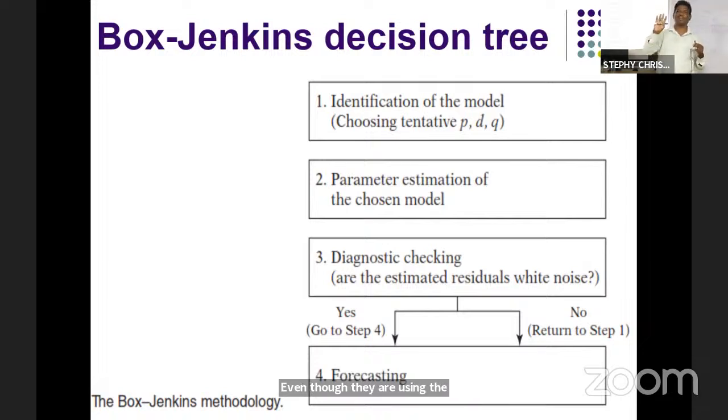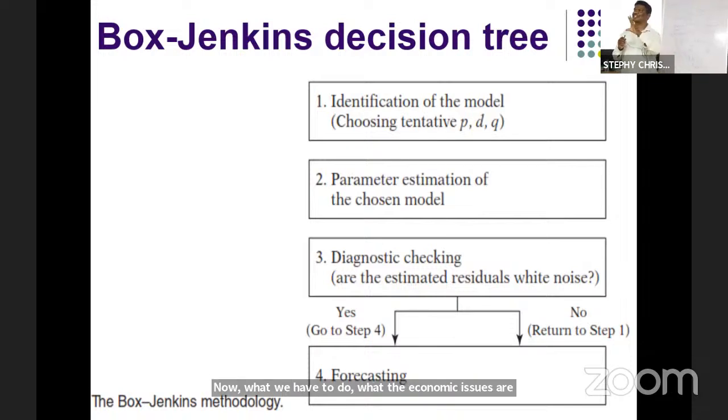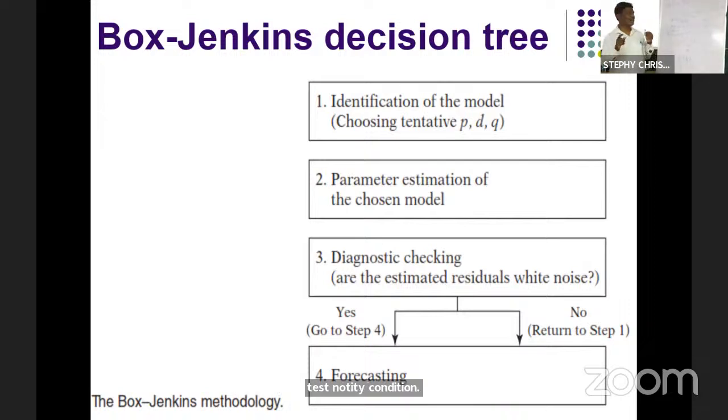But in econometrics, the first step is always to fulfill the stationarity condition. Sir, how to fulfill the stationarity condition? By finding the variable to be stationary.